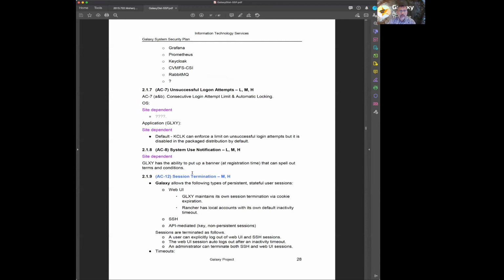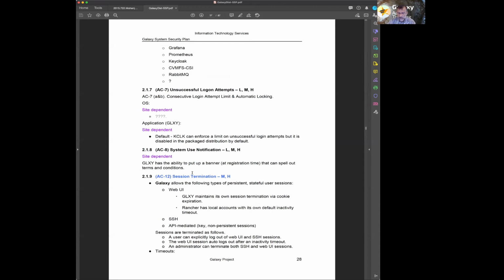Unsuccessful logon attempts. Again, these are local policies you have in place for the operating system, for example. Make sure that SSH sessions time out. Sorry, that's AC12. I'm getting ahead of myself. AC7 is about making sure that you have some limit on unsuccessful logon attempts. By configuration, for example, if there are 25 unsuccessful logon attempts within 10 minutes, then that account is locked, that kind of thing.